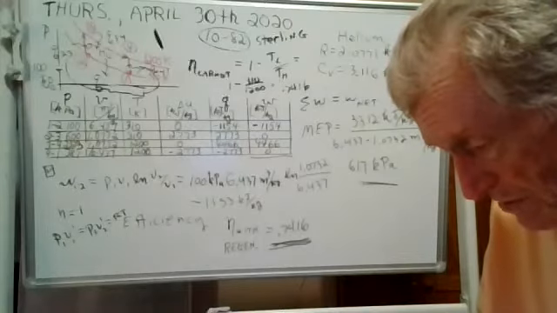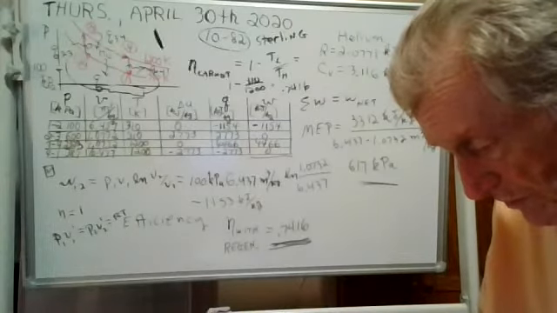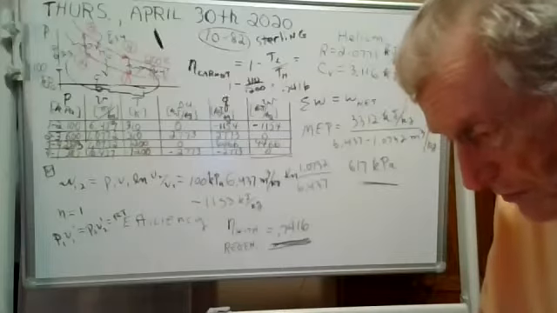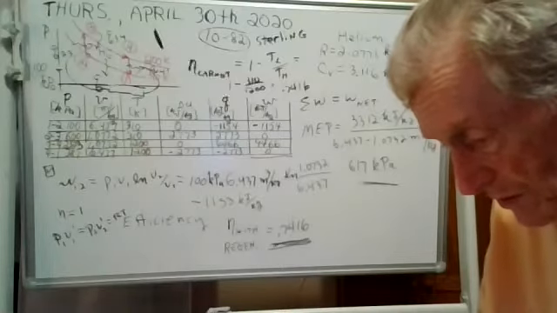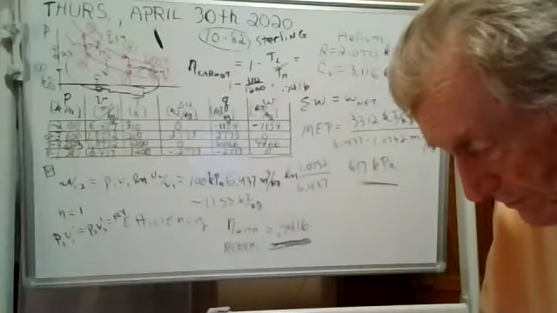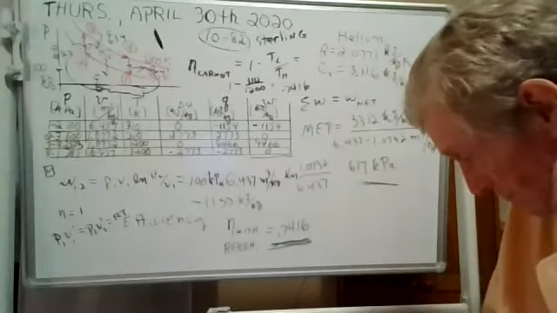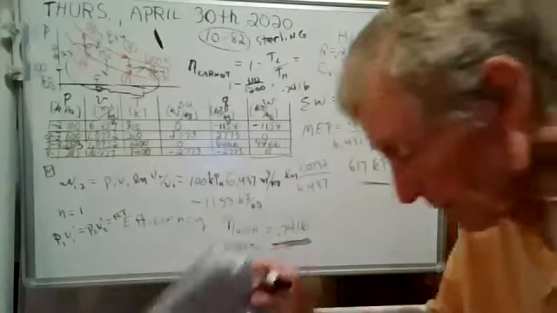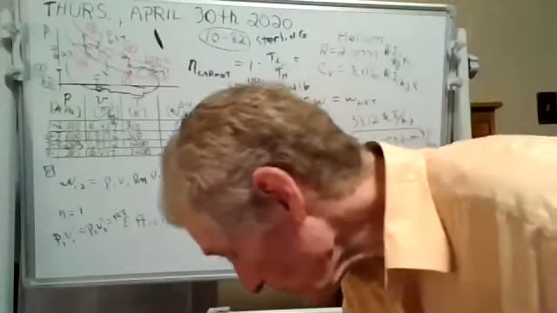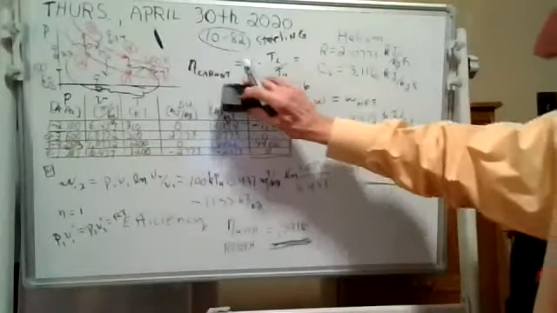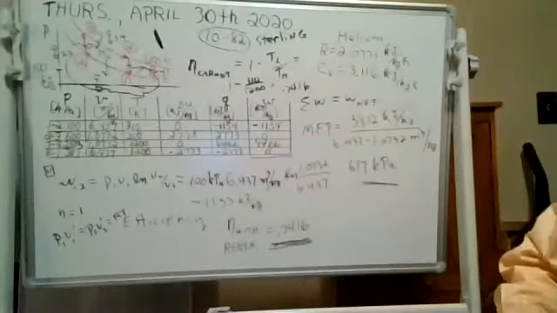Okay. Did you have any other questions about our Stirling cycle? Well, okay. What we're going to do now is we're going to do a Carnot cycle. I talked to you about Carnots. I'm going to erase all this.